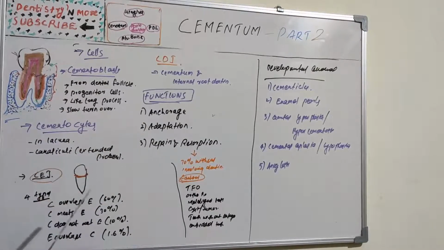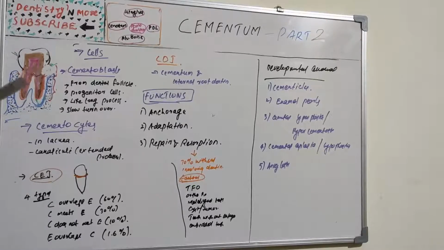Whereas the systemic factors are calcium deficiency, hypothyroidism, hereditary fibrous osteodystrophy, Paget's disease, and it could also be idiopathic. Cementum resorption appears microscopically as bay-like concavities on the root surface.